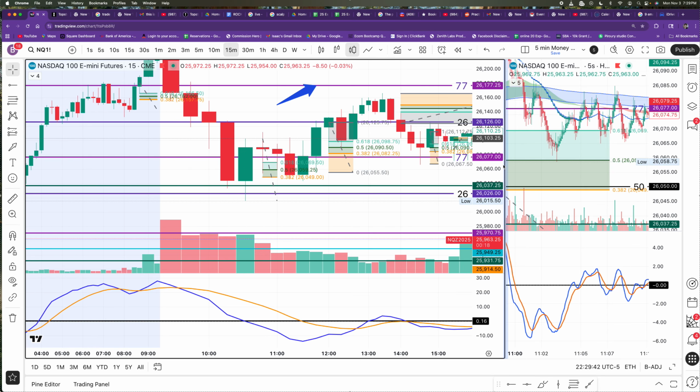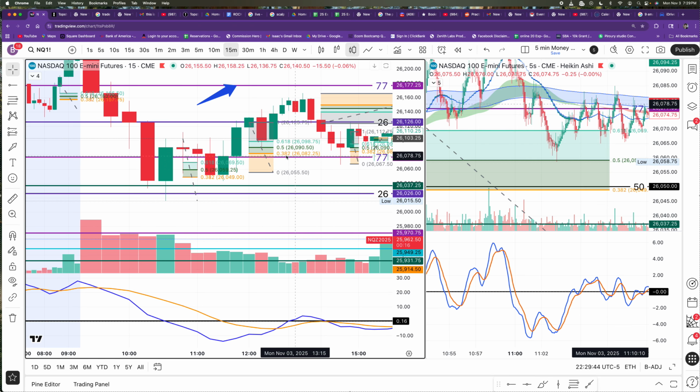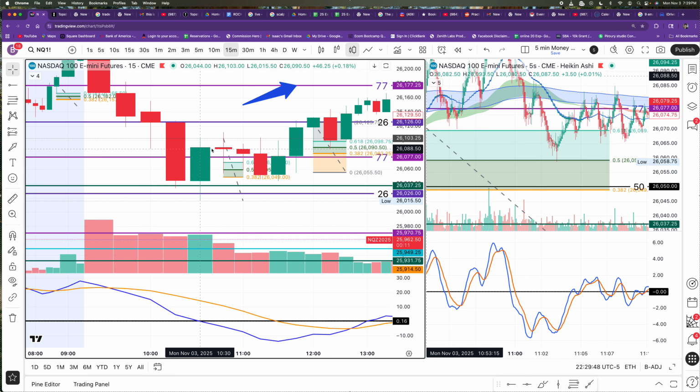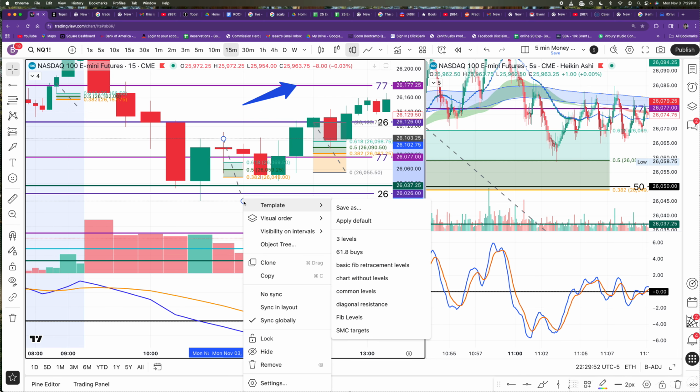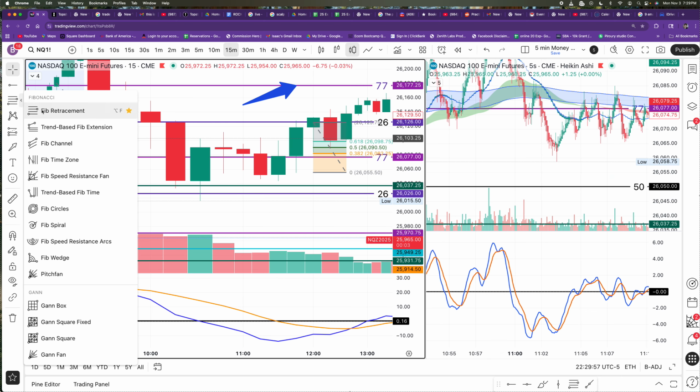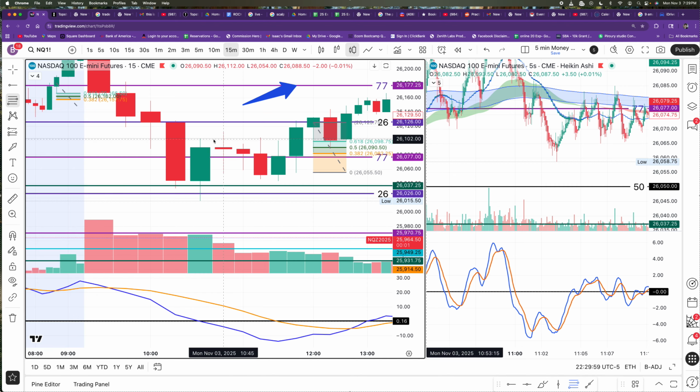Now, the setup that I teach here is very simple. When you see something interesting like this green candle, you take a Fibonacci tool, and I'll show you where I do it. I go to TradingView on the margin, grab the Fibonacci retracement, and I've set it so you only see the 50% level plus the panel above and the panel below that.